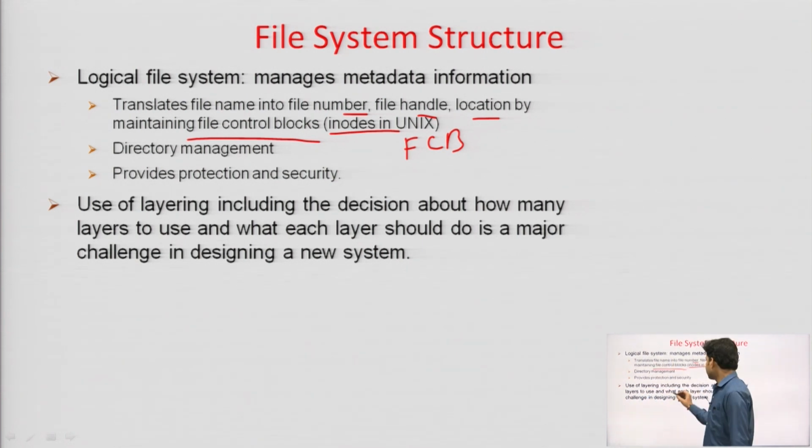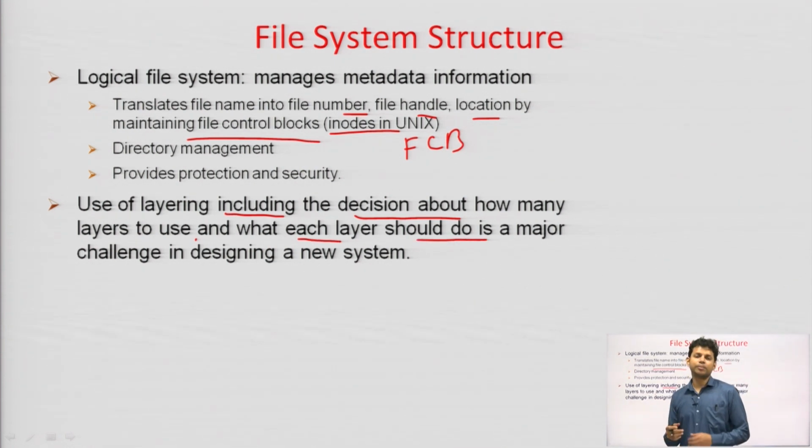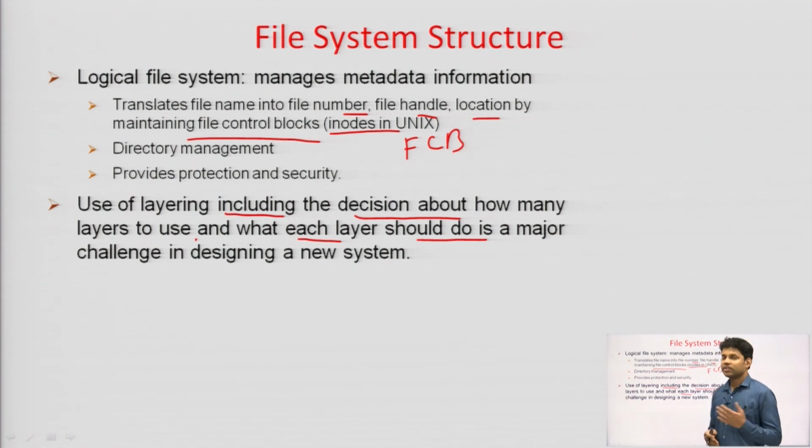Use of layering, including the decision about how many layers to use and what each layer should do, is a major design issue and an overhead, because while implementing a file system you have to think again and again about how many layers you are going to use.